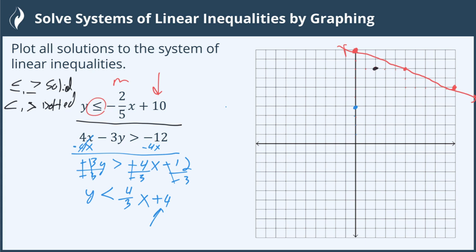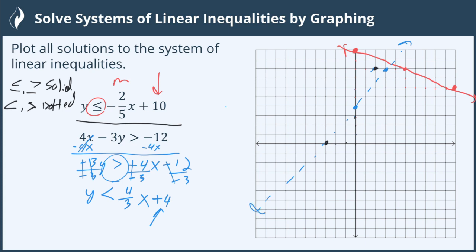And then we can slope down if you want to. Now this one is going to be a dotted line. And it's going to run up through there.